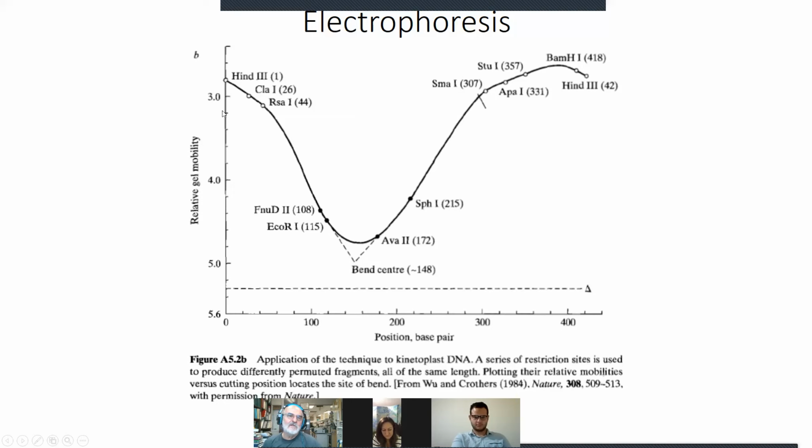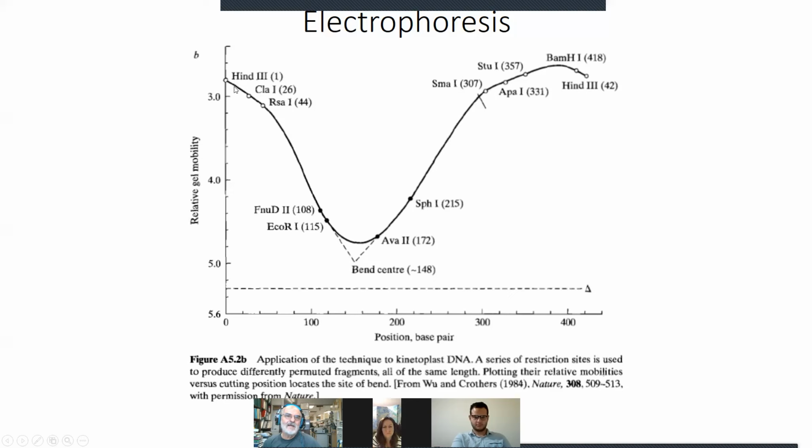And they discovered that for different kinds of DNA, so this was a specific sequence, as they cleave the DNA in certain ways across the sequence, and notice this is only going out to 400 base pairs. So these samples would not have reptation, but they do have this different mobility depending upon where the curving is.